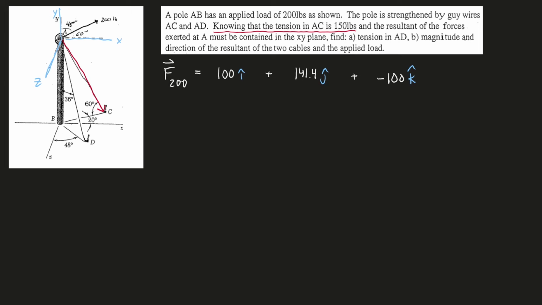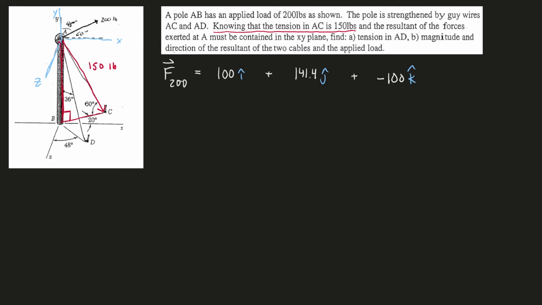We know the length of this vector, the magnitude, is 150 pounds. It looks like the direction of this vector is not given with alpha, beta, gamma, but instead in more of a double projection way, double projection angle, as you might say. We're going to focus on this right triangle here.